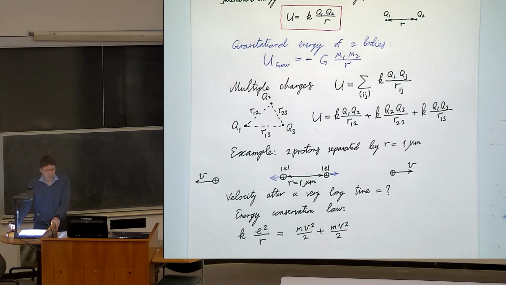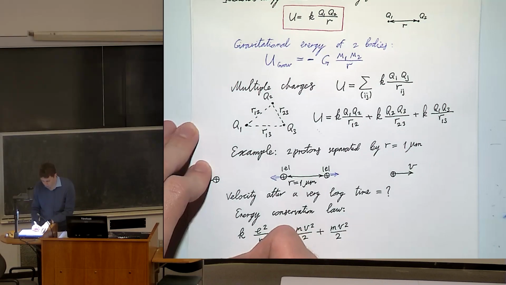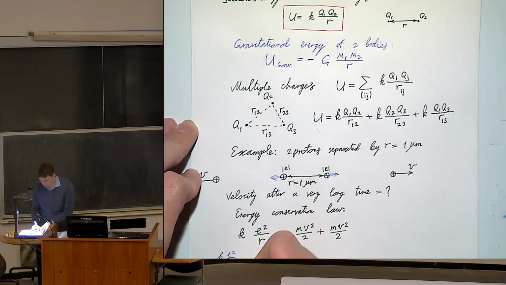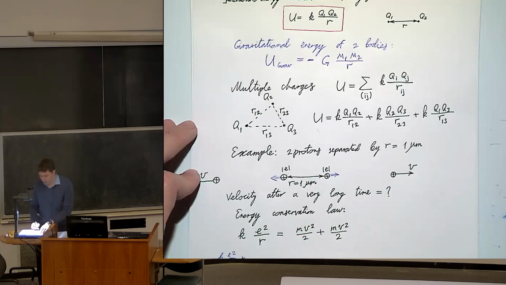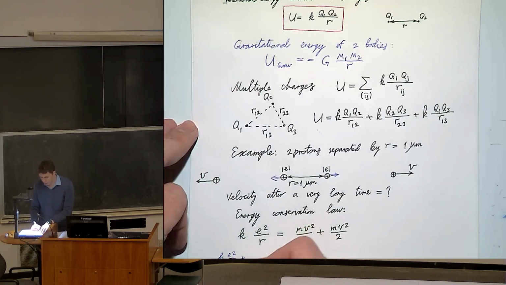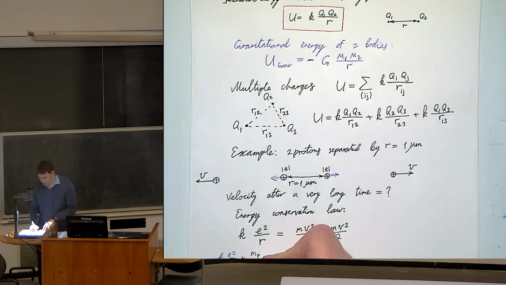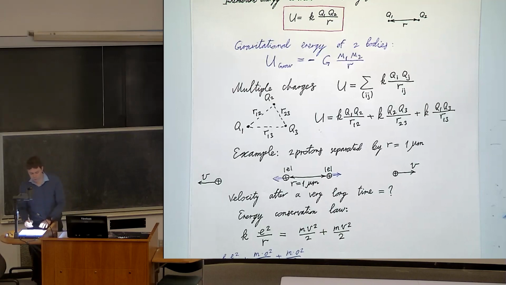I'd like to emphasize that an arbitrary system at any time has both a kinetic energy and a potential energy, in this case the energy of interaction of charges. It's just that initially the kinetic energy is 0. I could rewrite this in a more detailed form. The initial energy is the electrostatic energy plus the kinetic energy of a body moving with 0 velocity, twice, because there are 2 of them.